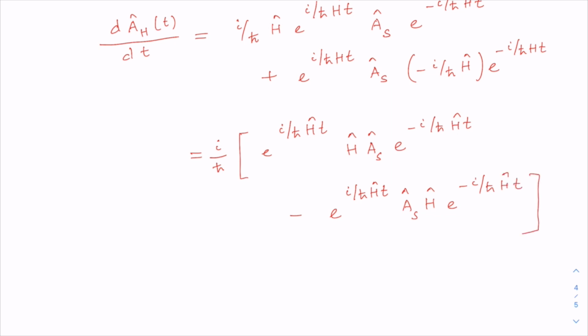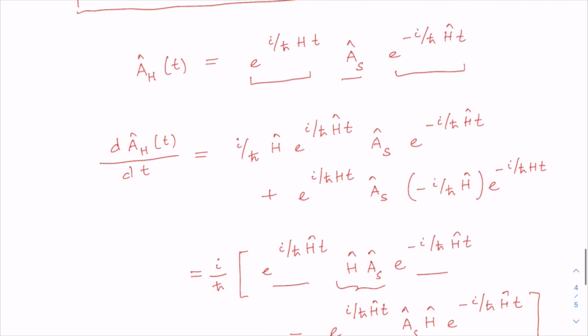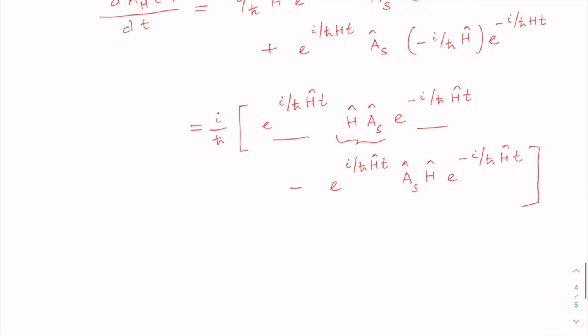So what you see is that this product of these operators is now in the Heisenberg representation because of this factor here. As you can see, in the Heisenberg representation the operator is written in this form. Similarly is the case here.